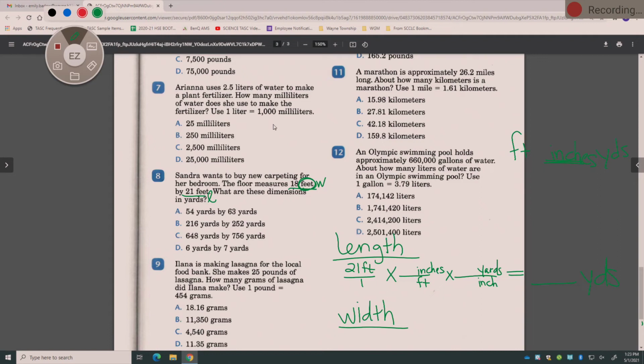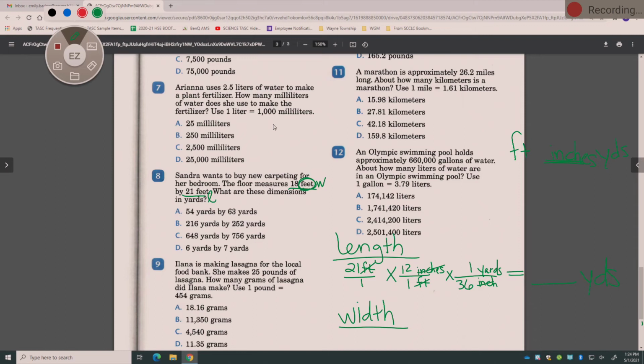So there are 12 inches to 1 foot. And then there are 36 inches in 1 yard. So again, I'm wanting my feet to cancel out because they're across from each other, and I'm wanting my inches to cancel out because they're across from each other.